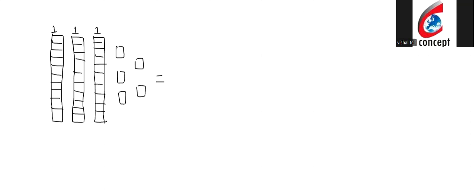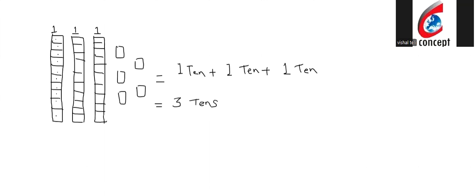How many tens are there? 10 means this. See, these are 10 ones: 1, 2, 3, 4, 5, 6, 7, 8, 9, and this is 10. So 1 ten, plus this 1 ten, plus this 1 ten, how many total? 3 tens.